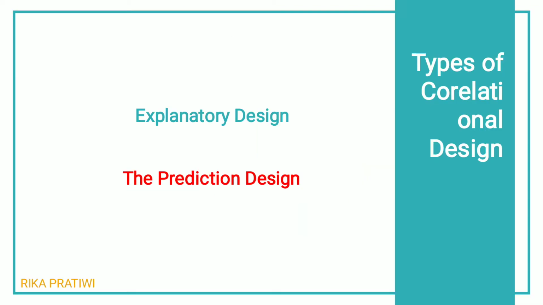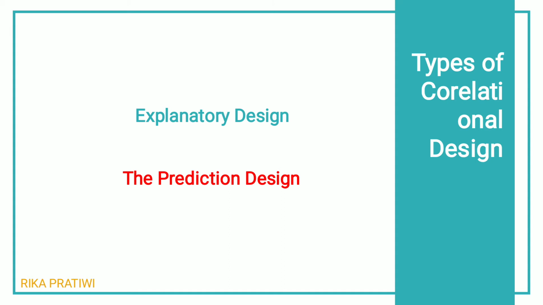The second type of correlational design is the prediction design. Prediction design uses a variable to make a forecast about an outcome in correlational research. In the case of predicting teacher success in a school, the predictor may be mentoring during teacher training or years of teaching experience.